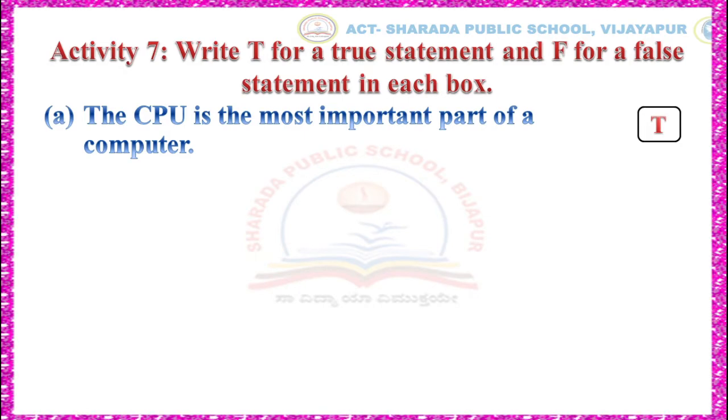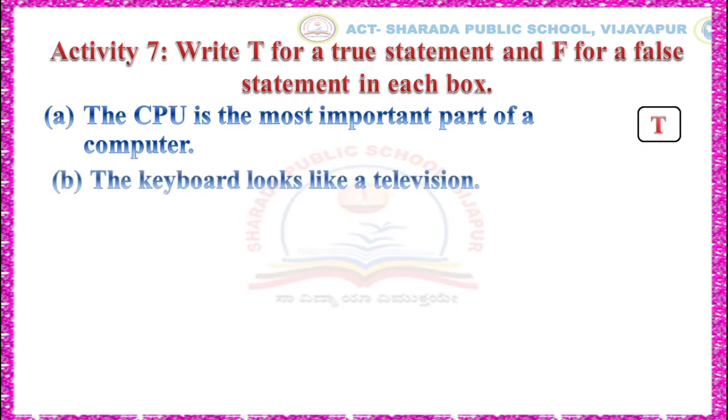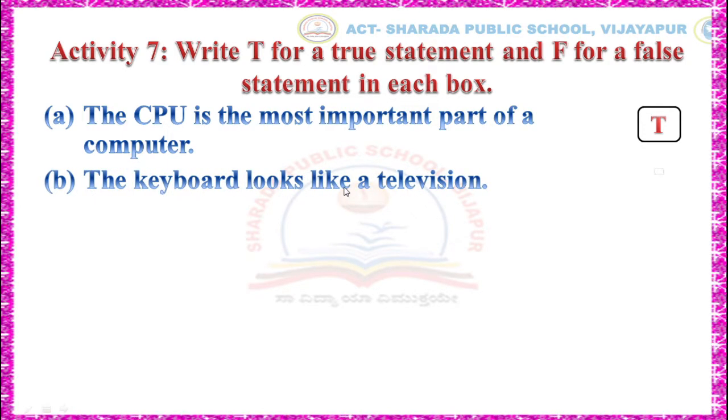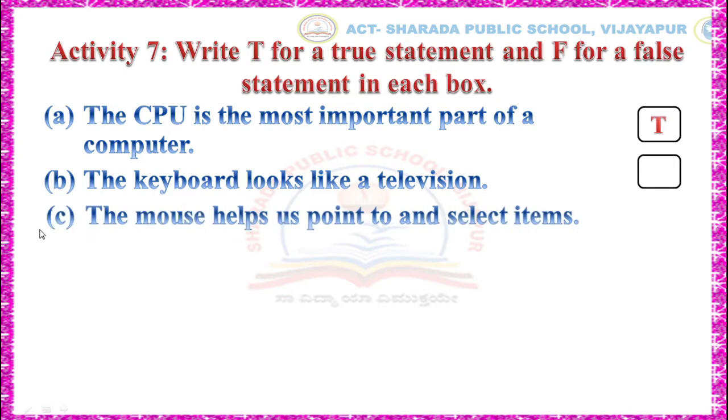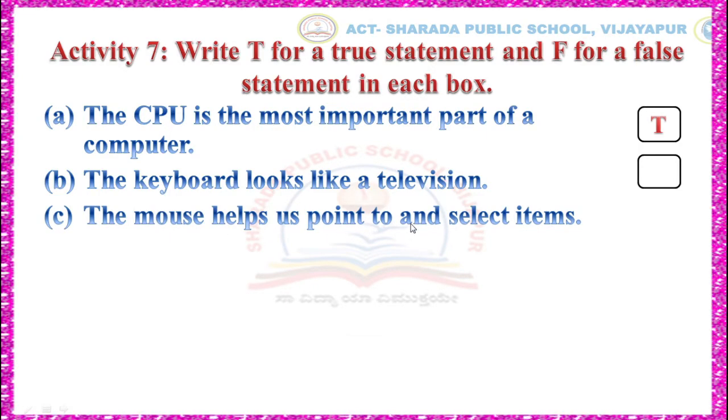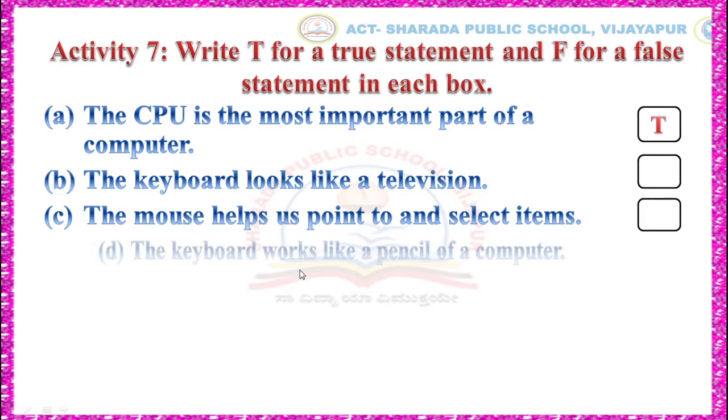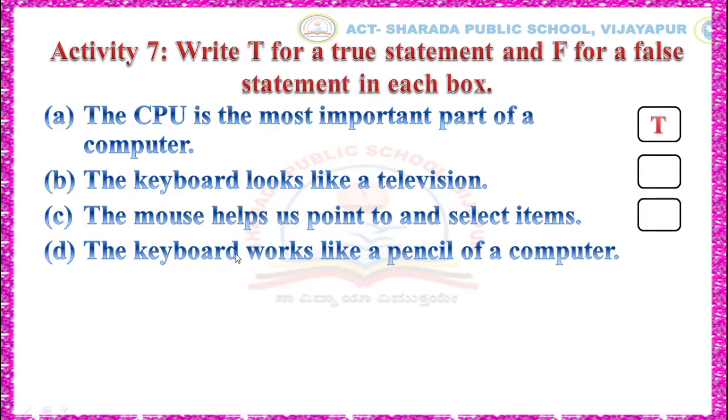I will read all the sentences for your reference. Next one is B. The keyboard looks like a television. C. The mouse helps us point to and select items. D. The keyboard works like a pencil of a computer.